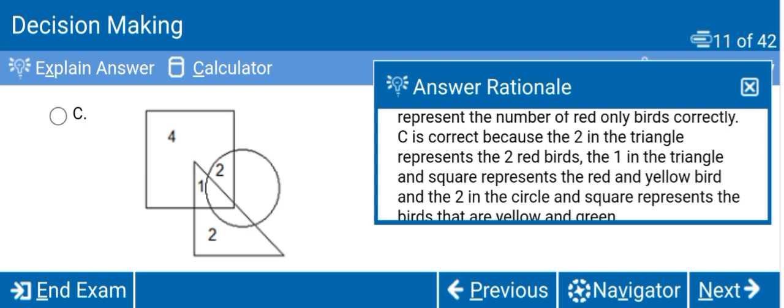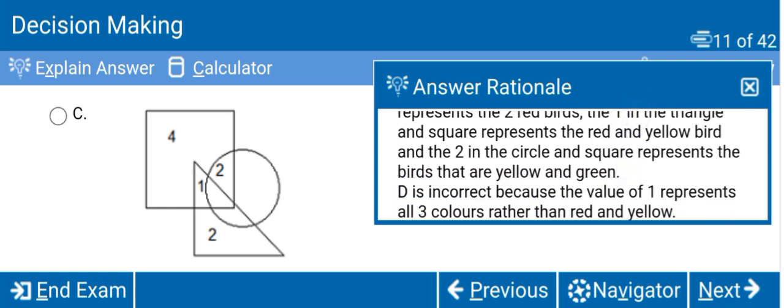And the 1 in the triangle and square represents the red and yellow birds. And the 2 in the circle and square represents the birds that are yellow and green. So that's why we can say that option C is the correct option.